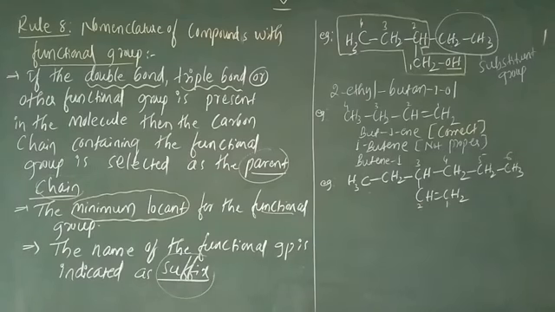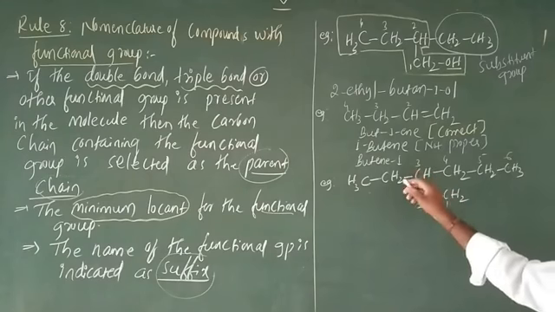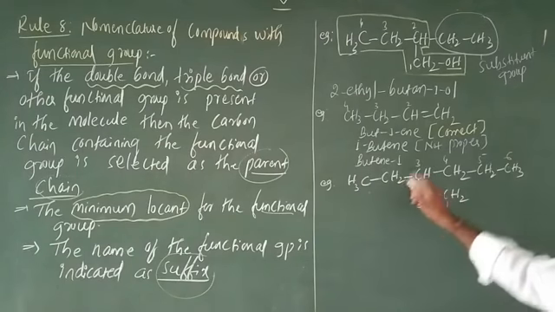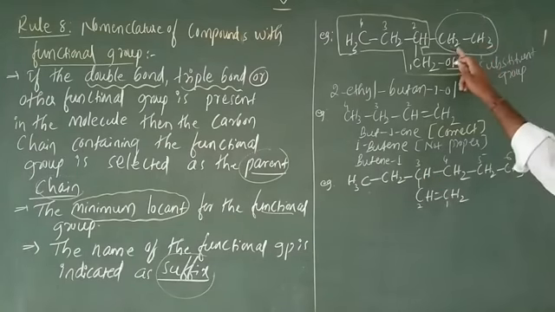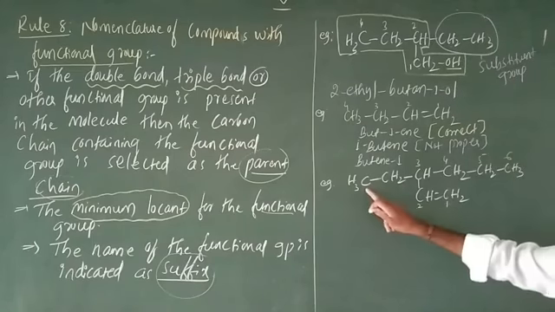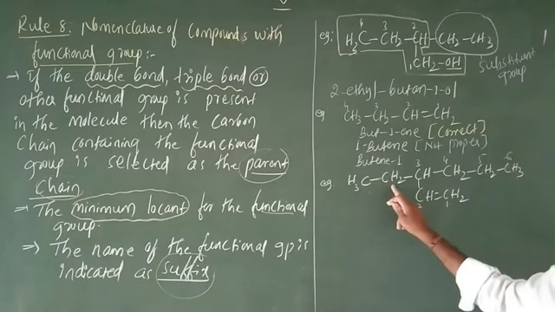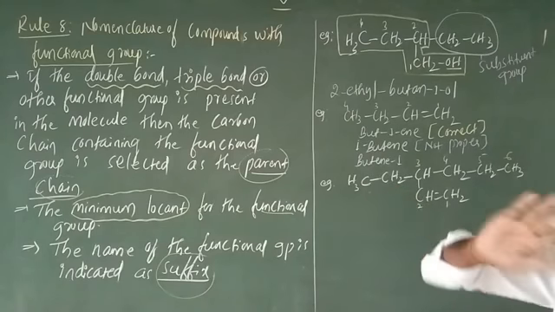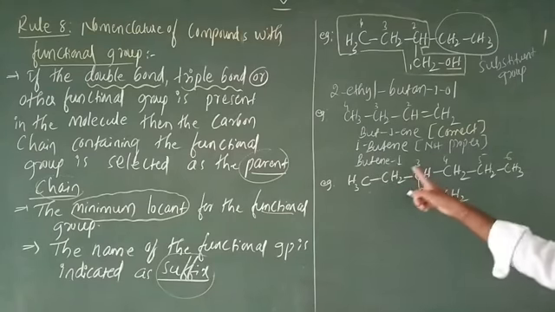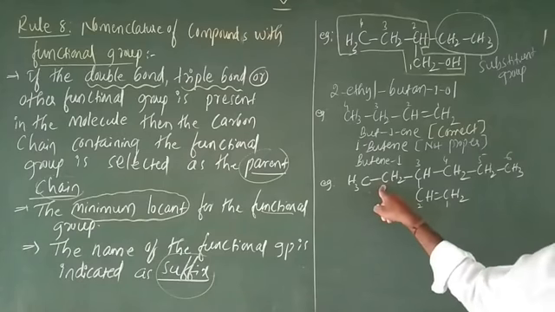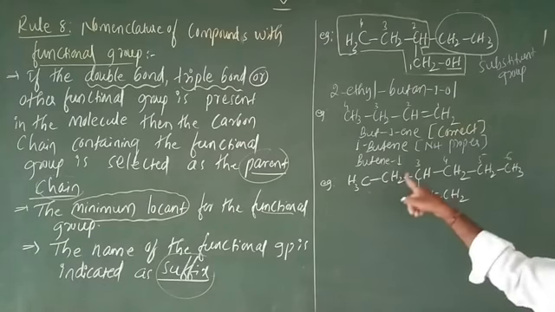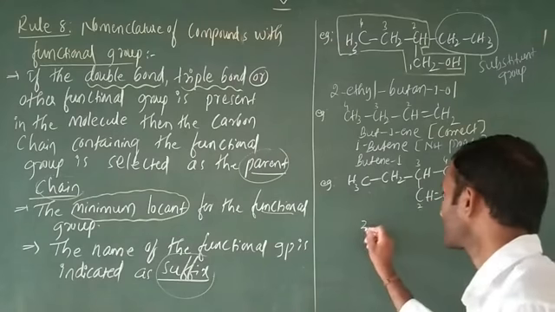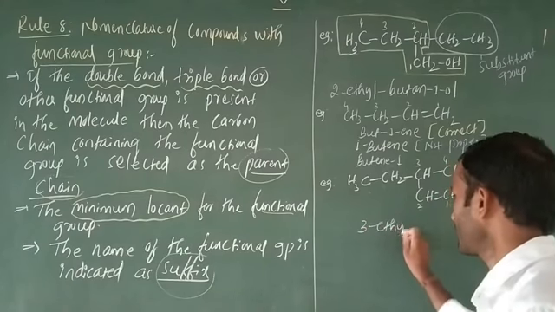Just here I am going to write the IUPAC nomenclature. In this case 3 acts as a substituent group. CH2 CH3 is there, CH3 CH2, this acts as a substituent group. First in this case this substituent group acts as a prefix. That is why I am going to write 3-ethyl.